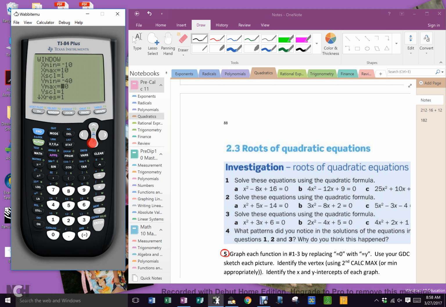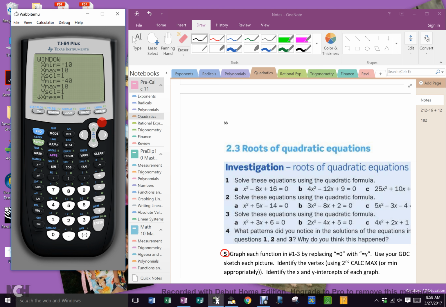40. Now, please notice I can change my Y scale. Right now, every spot on the calculator is 1. If I change that to 5, every spot on the calculator is going to be 5. Do you understand what I'm saying? So the first one down will be 5, the second one down will be 10, third one 15, fourth one 20.